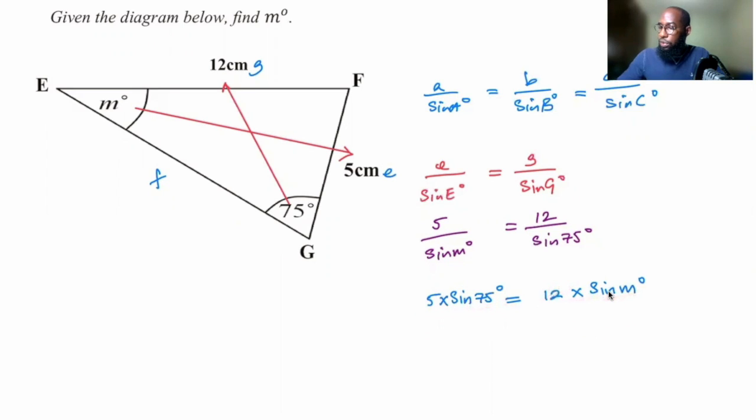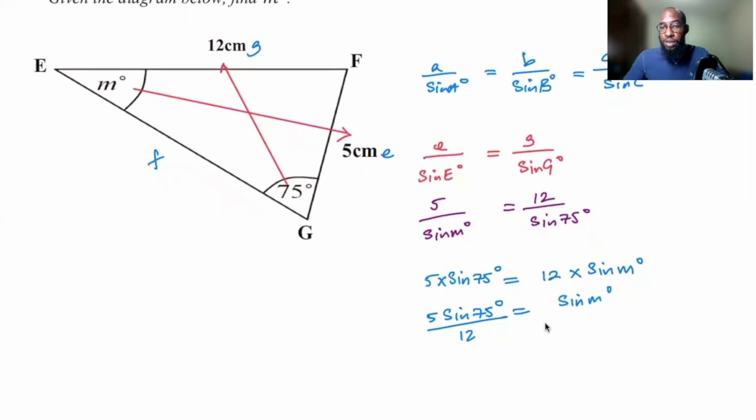So that's what I'm going to do. I divide this side by 12, and the 12 will cancel out. So I have sine m degrees is equal to 5 sine 75 degrees divided by 12. 5 sine 75 degrees is equal to 5 times sine 75 degrees, it's the same thing. Now, I want to get m degrees.